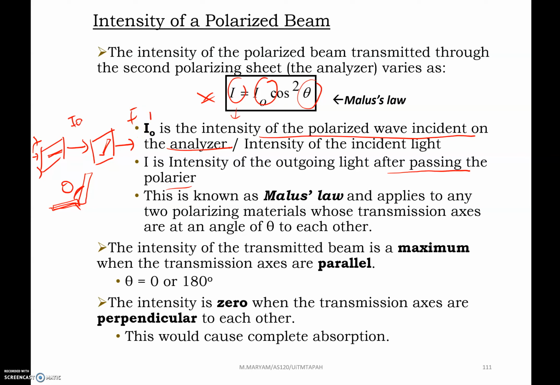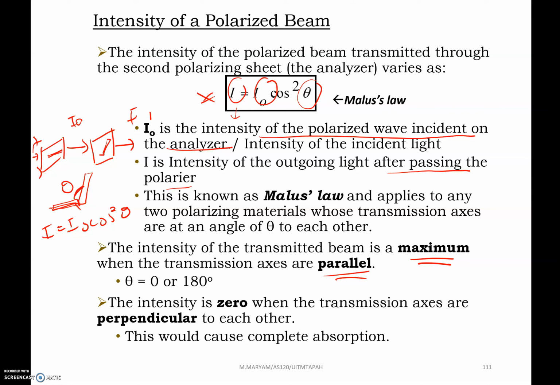So from these two, I get the Malus' law equation, I equals I naught cos squared theta. I'm going to show you later how to calculate the cos squared theta equation. The intensity of the transmitted beam is maximum when the transmission axes are parallel to each other, because they are either at 0 degrees or at 180 degrees, meaning the intensity will be maximum.